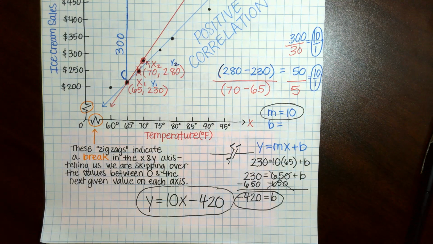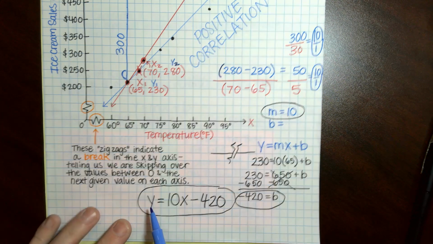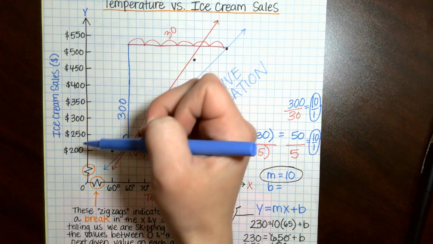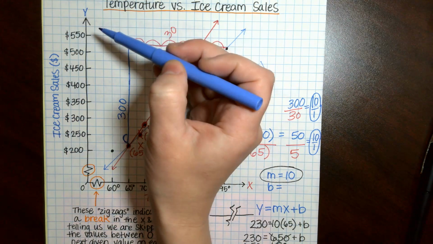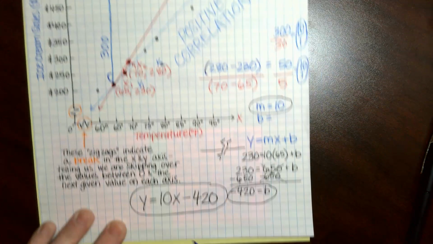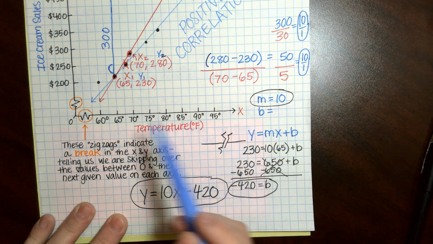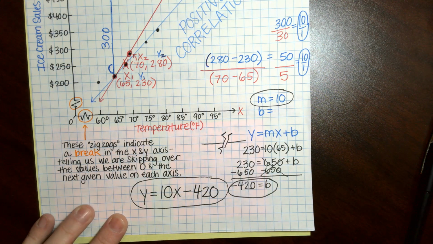So absolutely, we could plug in 0 for y, because our y values are our sales, our money. So if we put in a dollar amount to our equation, we're going to solve for x, which is temperature. It will give us a temperature value.